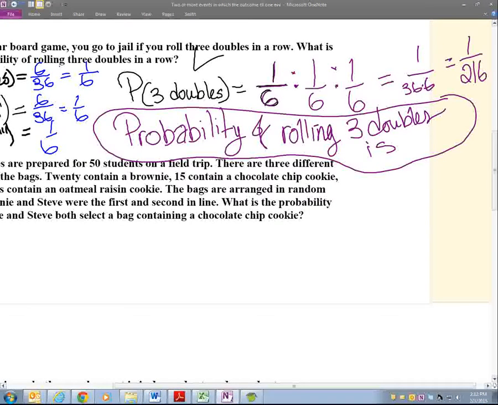So the probability of rolling 3 doubles is 1 to 216. So that was the independent one.